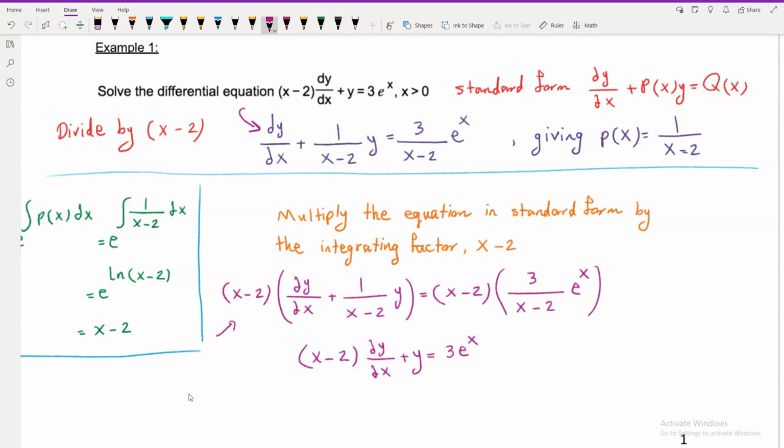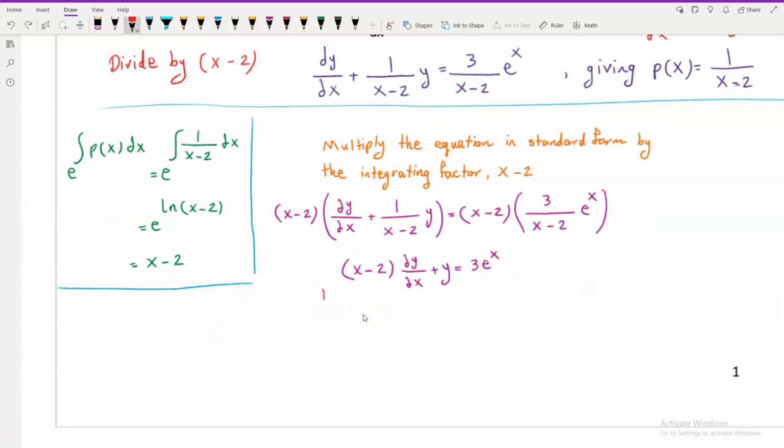We have (x - 2) times dy/dx + 1/(x - 2) y equal to (x - 2) times 3/(x - 2) times e^x. Simplify: we have (x - 2) dy/dx plus y, since this part cancels after multiplying, and on the other side, x - 2 divided by x - 2, so we have 3 times e^x.